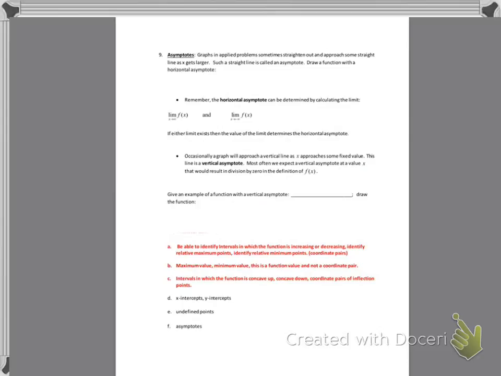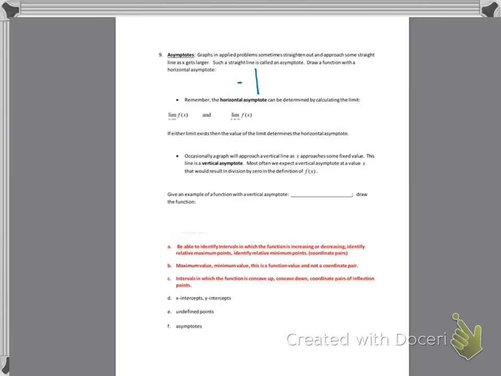Alright, so for asymptotes, there are two types. The first one that's discussed is the horizontal asymptote. It says graphs in applied problems sometimes straighten out and approach some straight line as x gets larger. Such a straight line is called an asymptote. Draw a function with a horizontal asymptote.